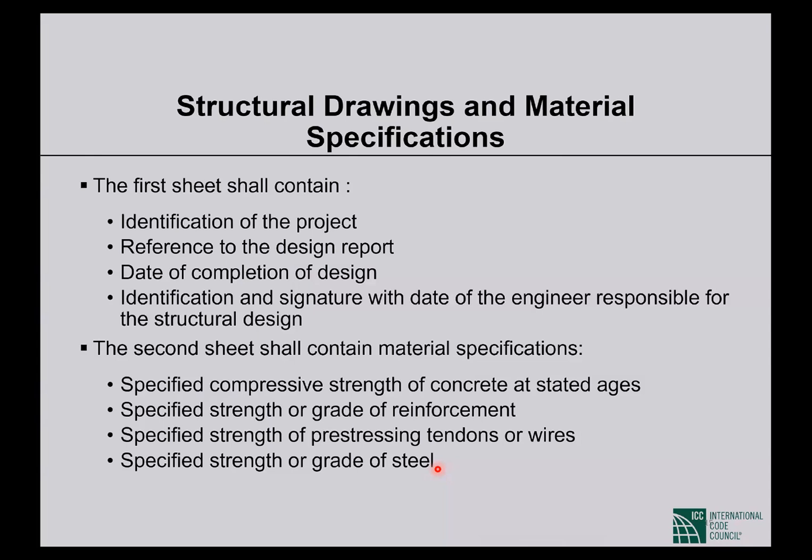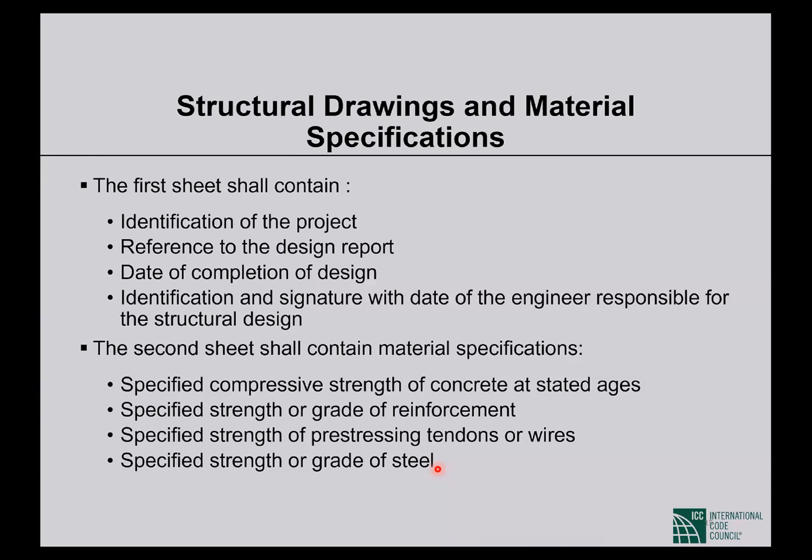In the first sheet: identification of the project, reference to the design report, date of completion of design, identification and signature with date of the engineer responsible for the structural design. The second sheet shall contain material specifications, specified compressive strength of concrete at stated ages.